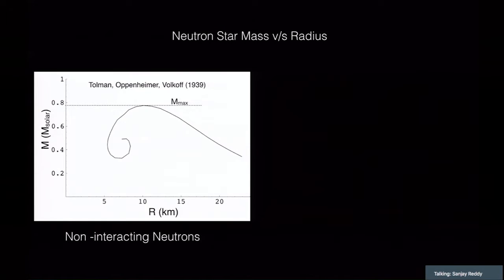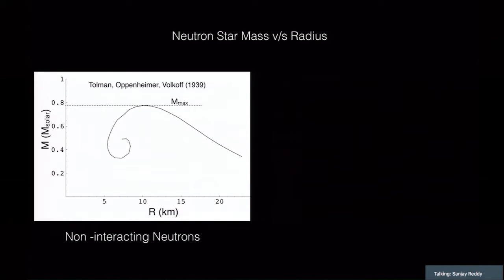So one interesting feature which we were talking about at the end of last lecture was that if you assume that neutrons don't interact, this is what Tolman, Oppenheimer, and Volkoff assumed in 1939, you end up getting neutron stars whose masses and radii are related by this black curve shown here.